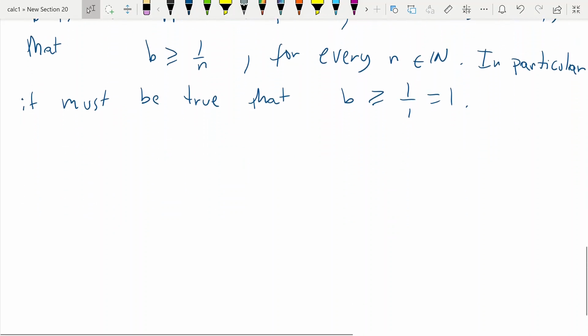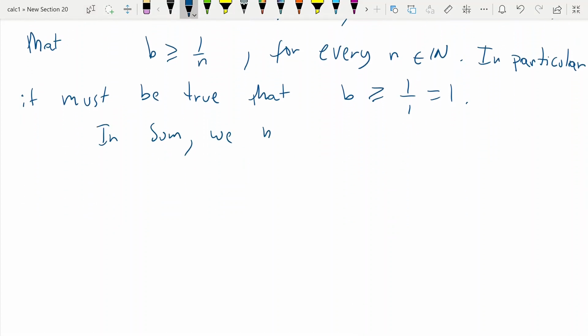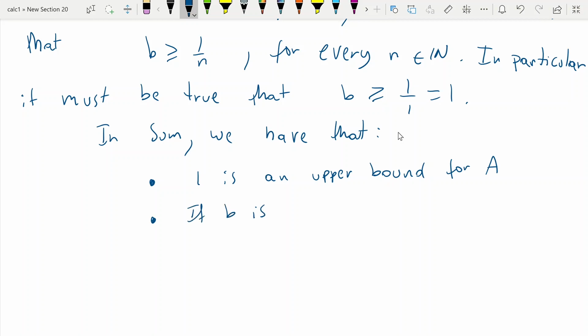So in sum, we have that 1 is an upper bound for A, and the second property is that if b is an upper bound for A, then b is greater than or equal to 1.